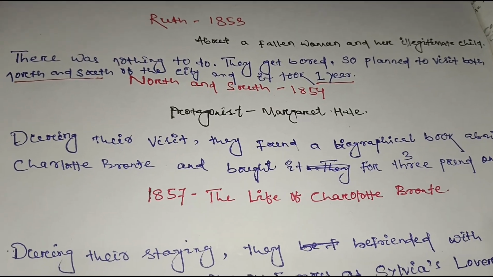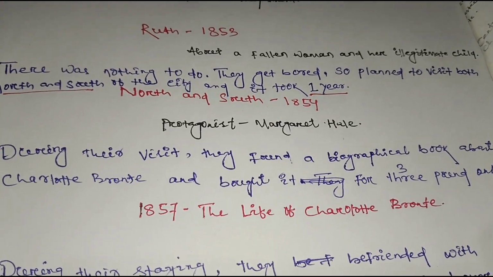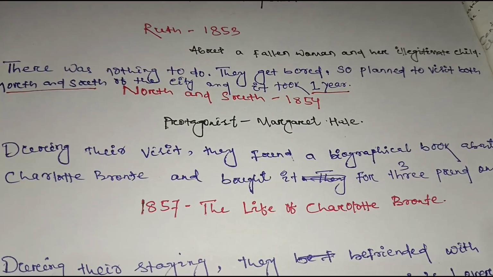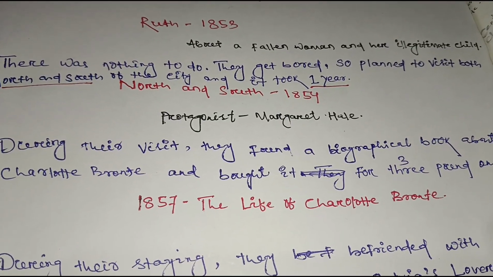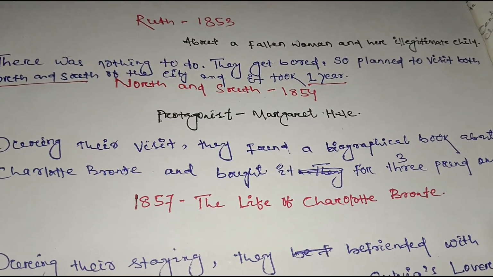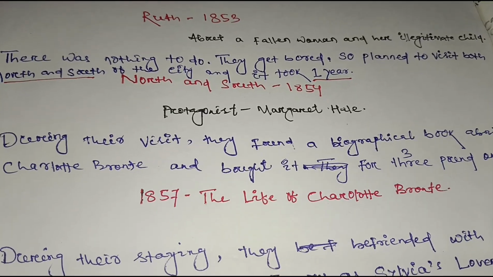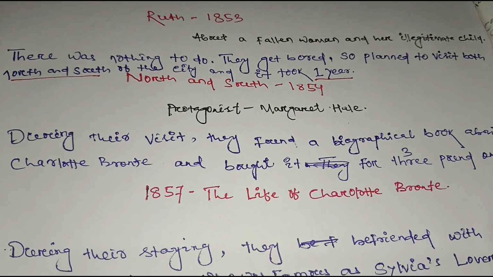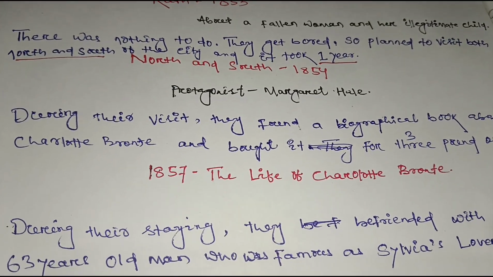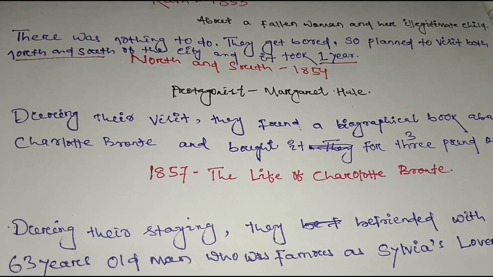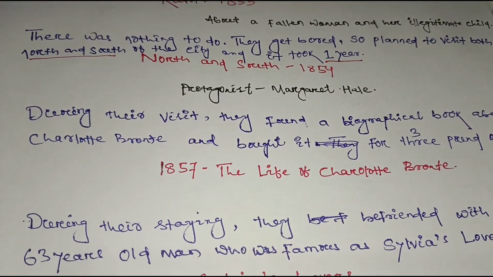Here I have mentioned £3. So 1854 plus 3 is 1857, and the biographical book The Life of Charlotte Bronte. I hope it will be clear in your mind.